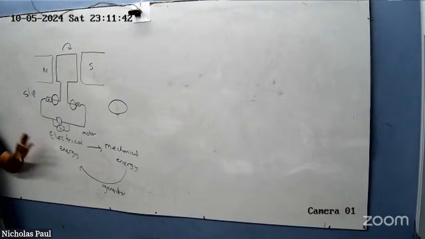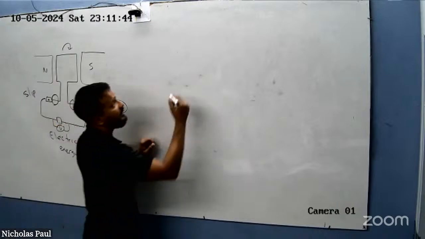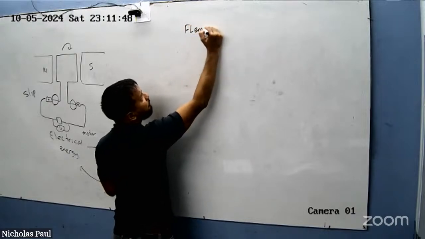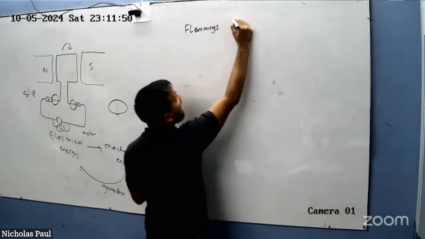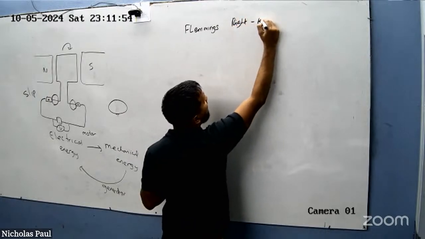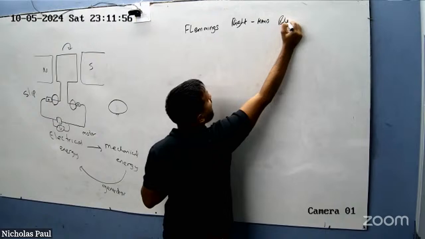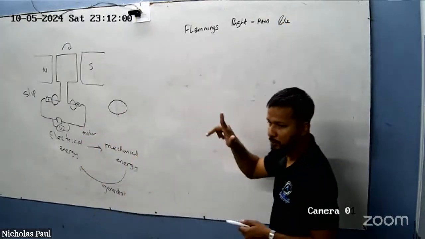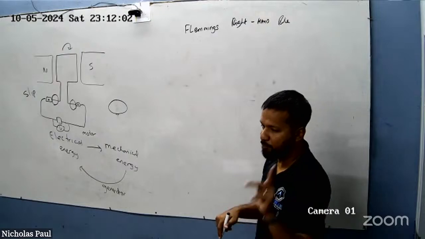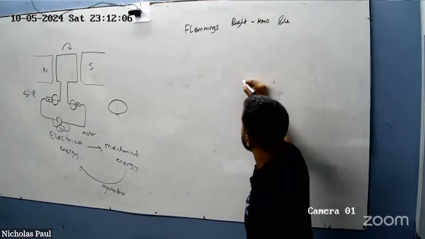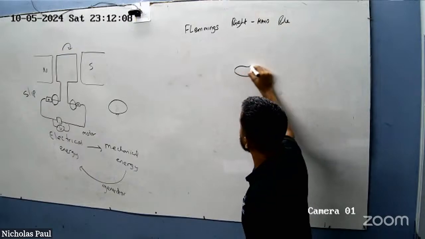In order for us to do that, we have to learn Fleming's right hand rule. Left hand was the motor rule. Now we're doing the generator rule, a new rule.